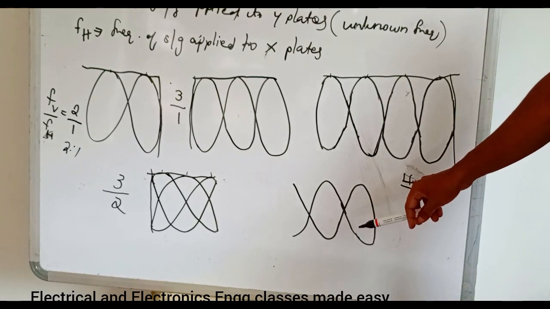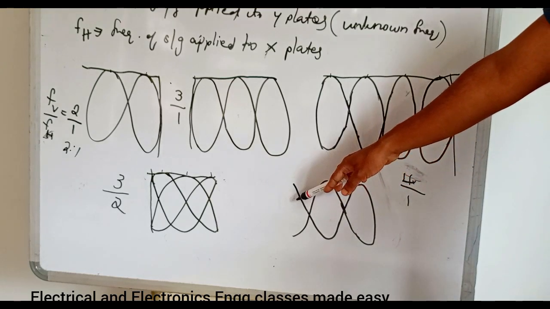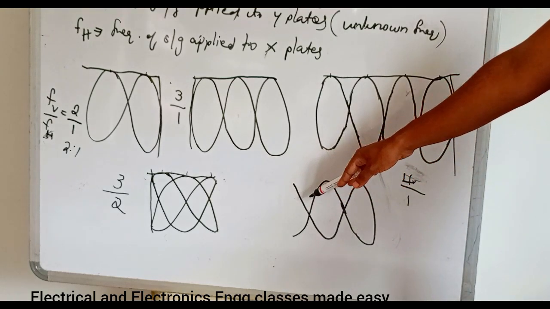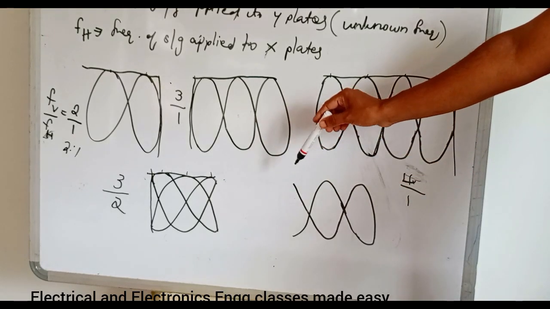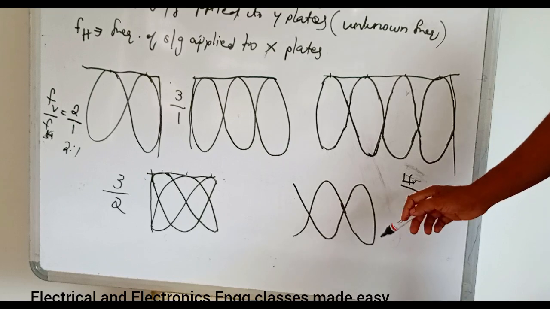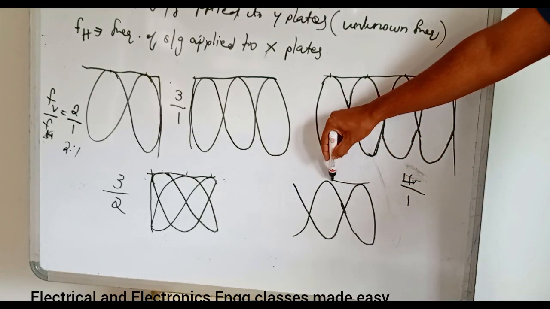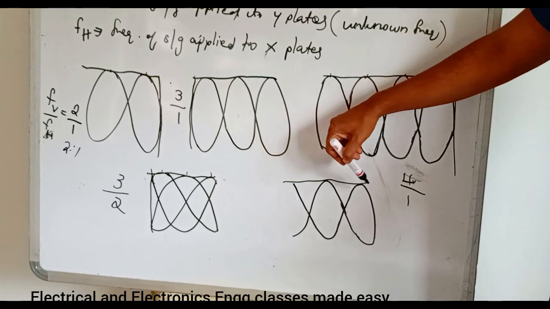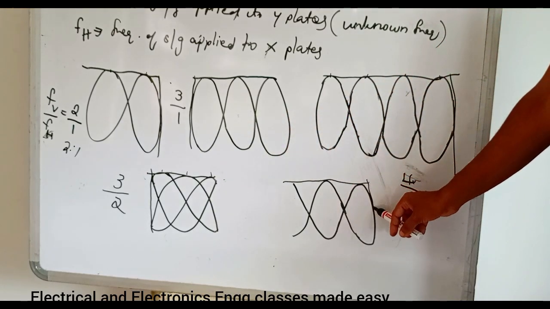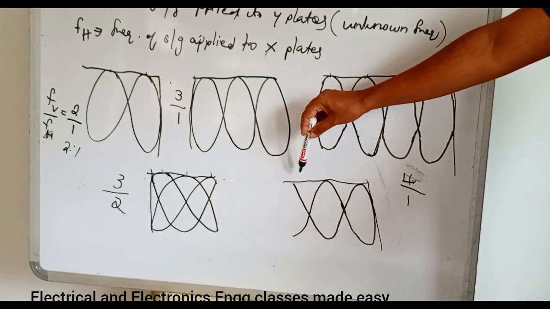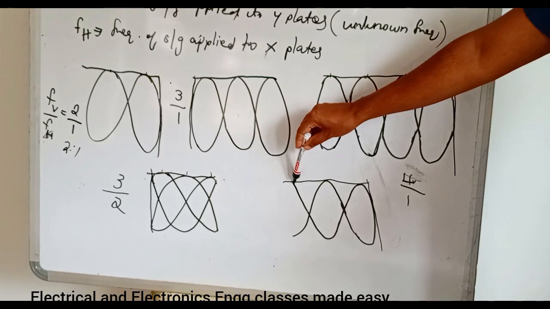The ratio of frequencies when open-ended Lissajous patterns are obtained can also be found by treating the open ends as half tangencies. While drawing the tangent here, also here, consider the open pattern as a half tangency.